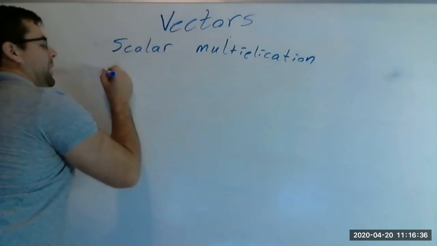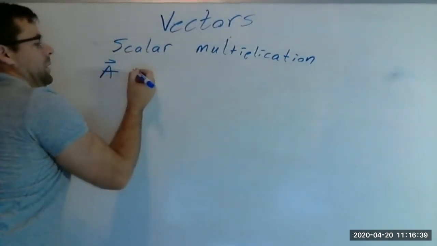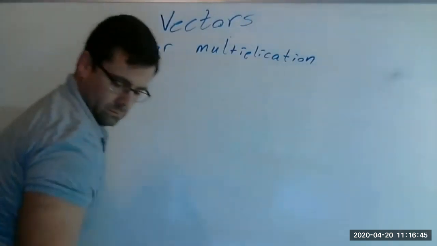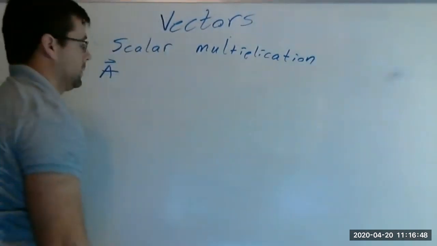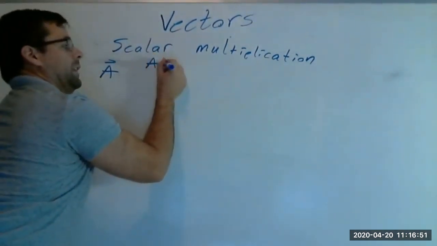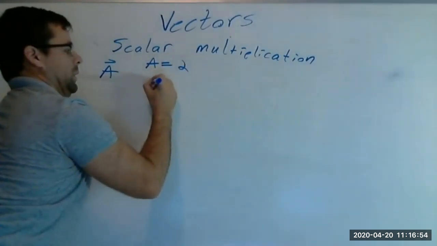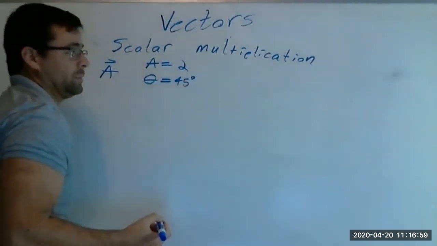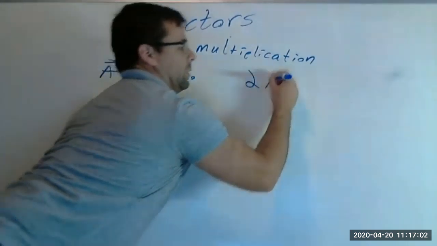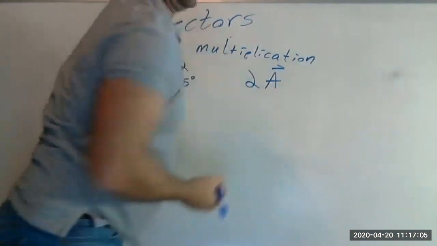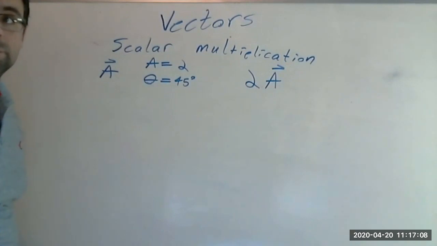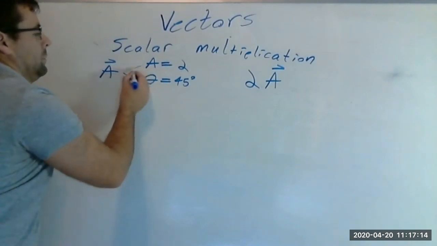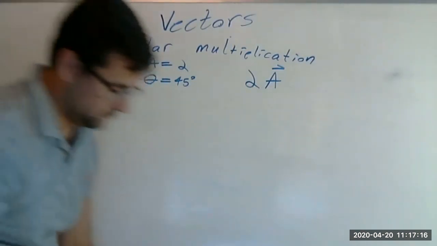If we take some vector A, and its magnitude is 2 and its direction is 45 degrees, then what is 2A? 90 degrees.